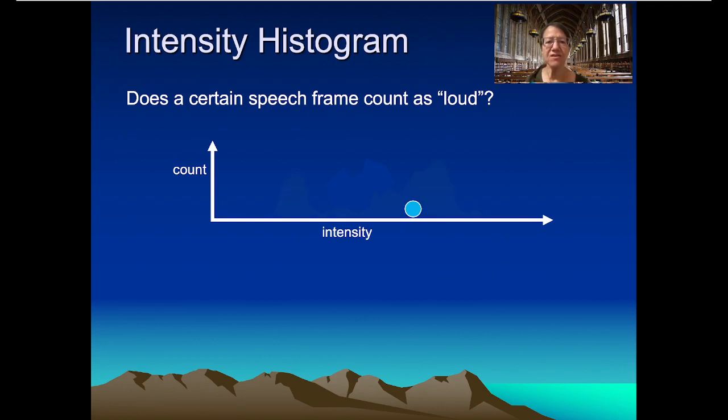Well, we can again use a histogram distribution, and intensity can be hard to characterize because there are many, many factors in the recording setting that affect intensity in addition to whatever the speaker is actually producing. So there's the gain on the microphone, the distance from the speaker, the presence of other background noise in the recording area, and so on, all of which make getting a good measure for intensity difficult.